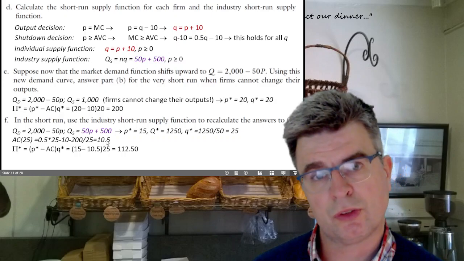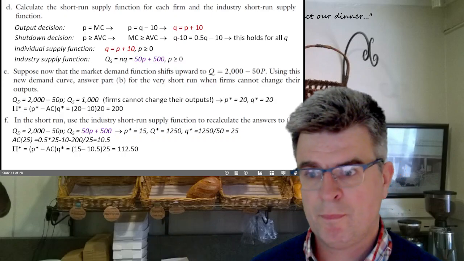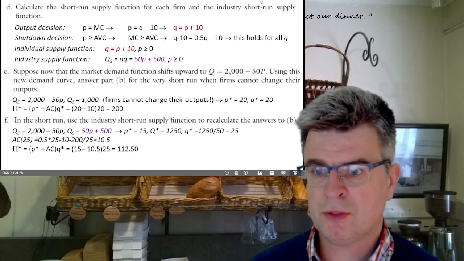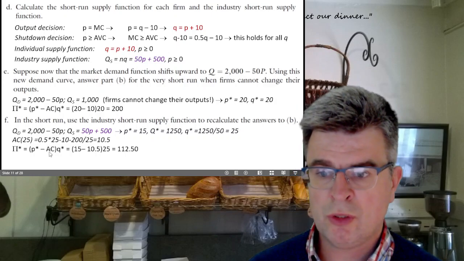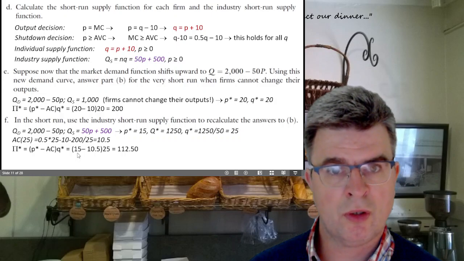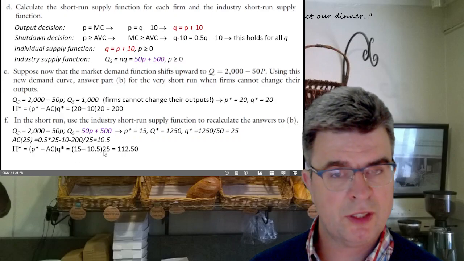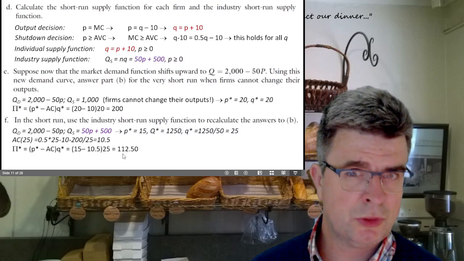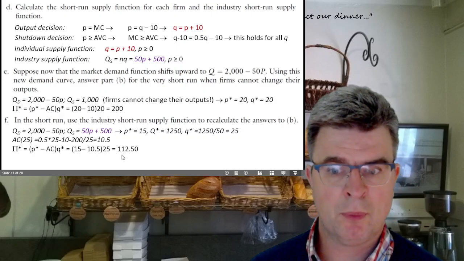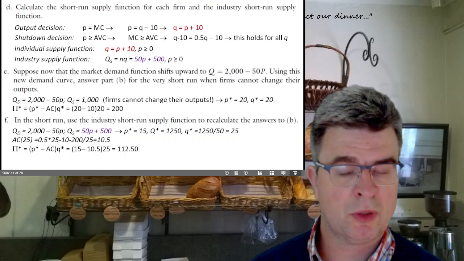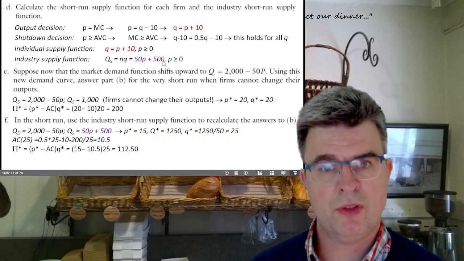So the average cost also increased a little bit, but on each unit they make a margin of 4.5, 15 minus 10.5. They sell 25 units, so also in the short run firms are able to make a profit, and this profit is equal to 112.50.